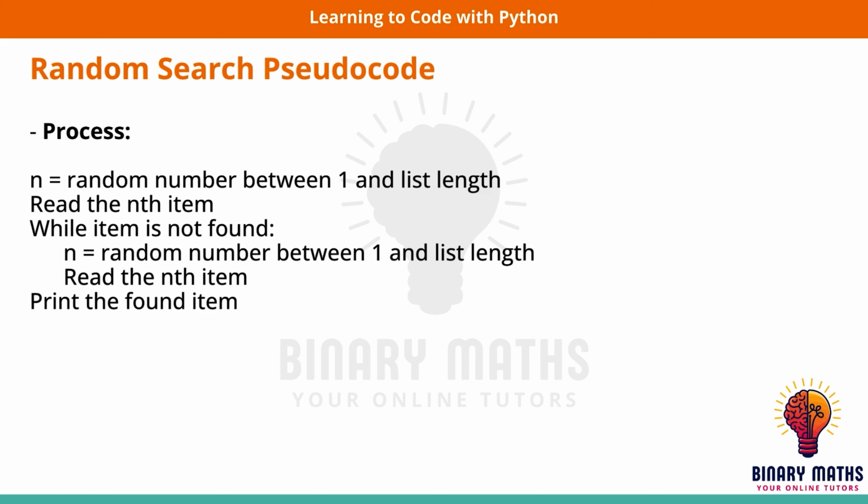While item is not found, n equals random number between 1 and list length. Read the nth item and print found item. So in this method, you pick items randomly until you find the target. It's faster than linear search in some cases, but still not the most efficient. Let's take a look at a better way.